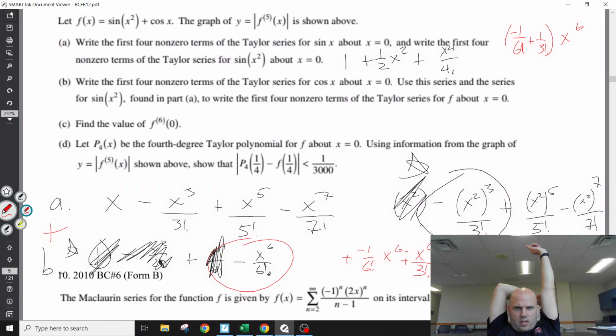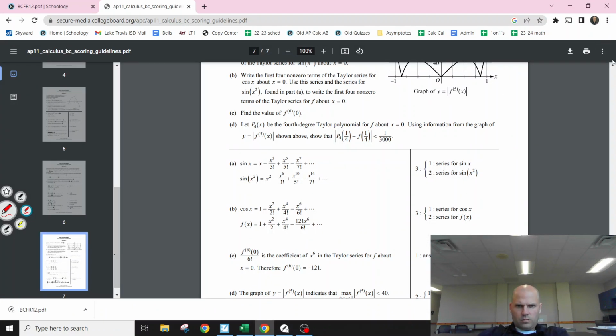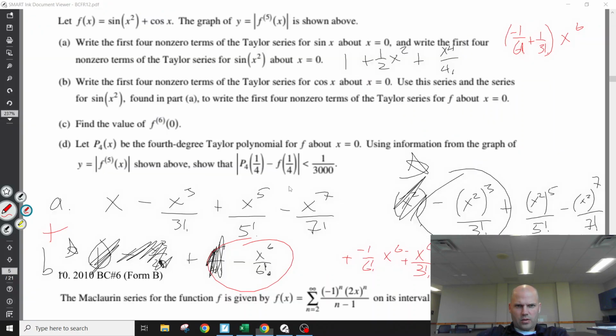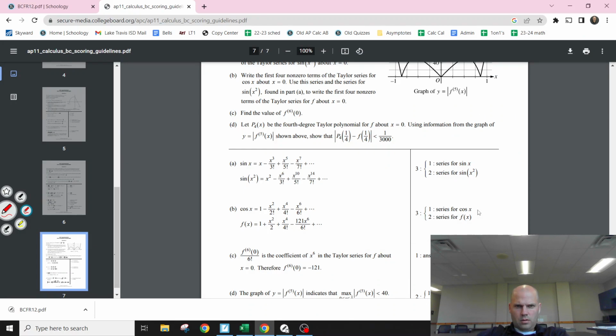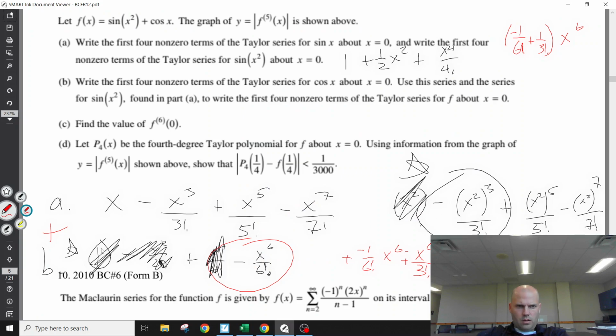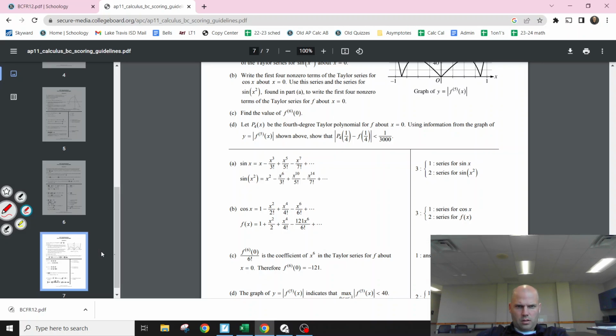How'd they get that into 121? Sine x squared. Okay. Cos x. Adding this, I need to add this x to the 6 over 6 factorial and x to the 6 over 6 factorial. And then they got 121 x to the 6 over 6 factorial.